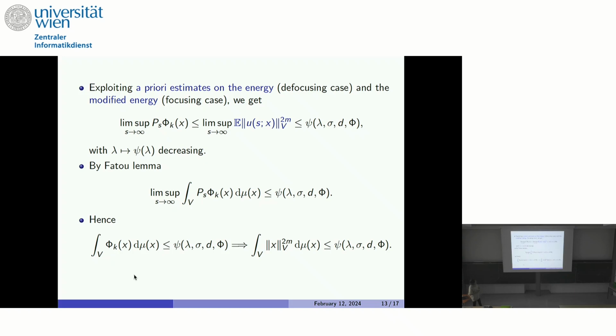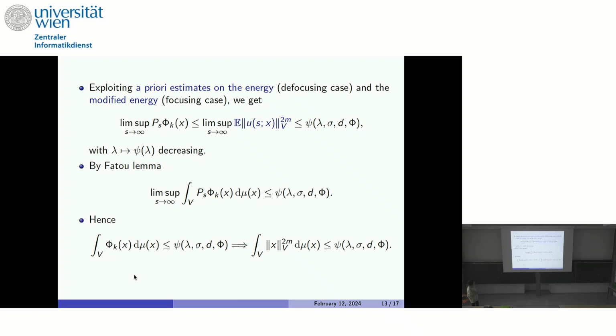In particular, when time goes to infinity, basically we lose the dependence on the initial data, and we are able to have a bound for this quantity in terms of a function that depends on the parameter of the equation, and we see that the dependence with respect to lambda is good in the sense that we have a decreasing function with respect to lambda. Then we can use the same bound also if we take the integral with respect to the invariant measure.